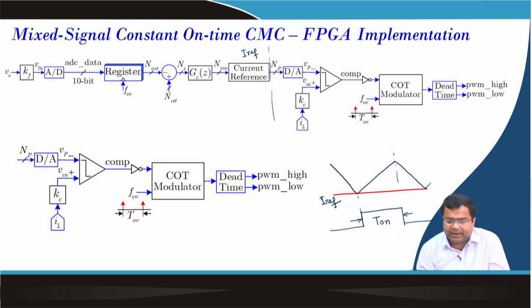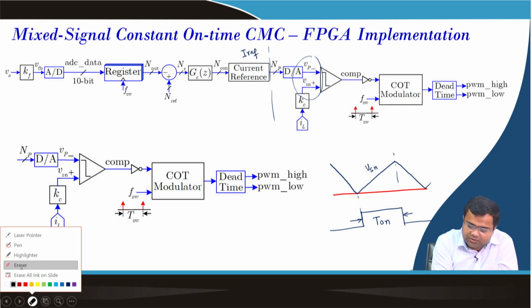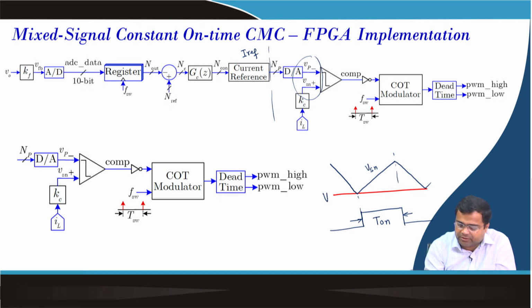Next, what will happen? Since our comparator is set like this, whenever this is my V sense and this is VP, let us say we are talking about the comparator symbol here. If V sense is higher than VP, then your comparator will be turned on.